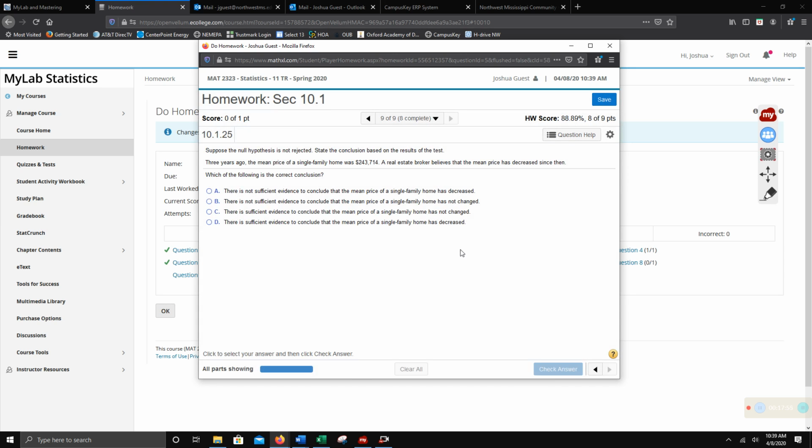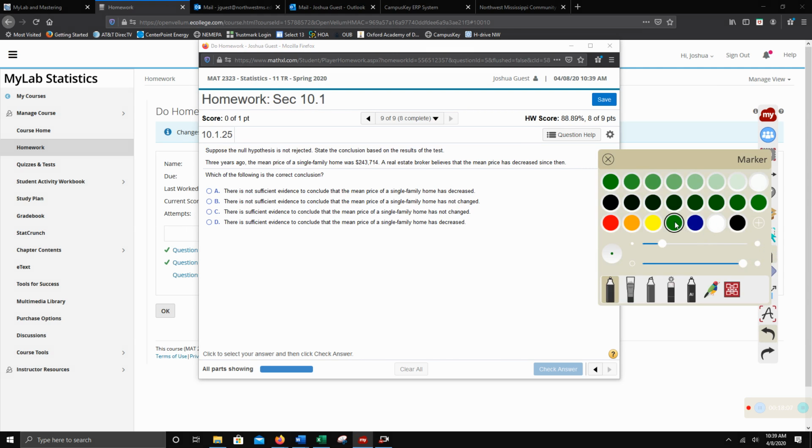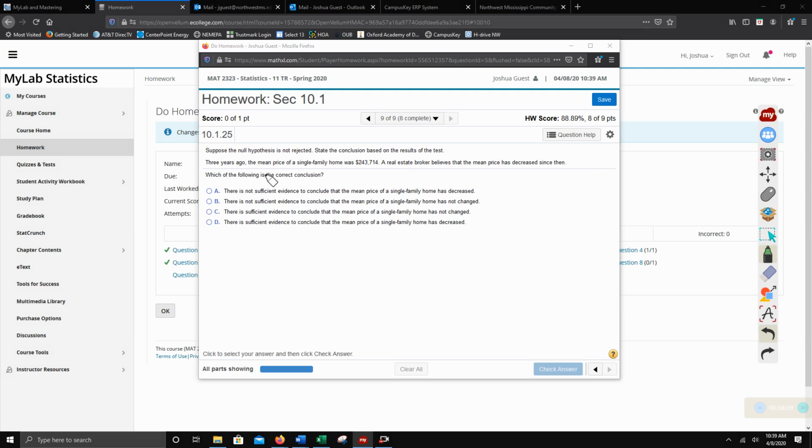All right, so here, this is important. Suppose the null hypothesis is not rejected, okay? Let me pick a different color. Let's go with some green. The mean price was this, and it's decreased. But suppose the null hypothesis is not rejected. If it's not rejected, what are we looking for evidence for?